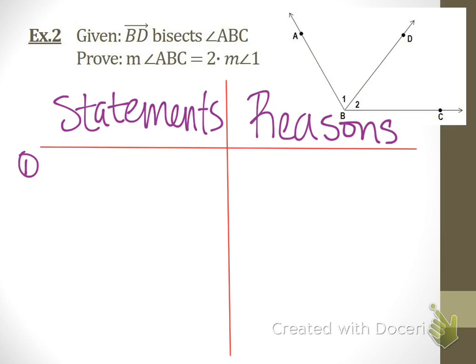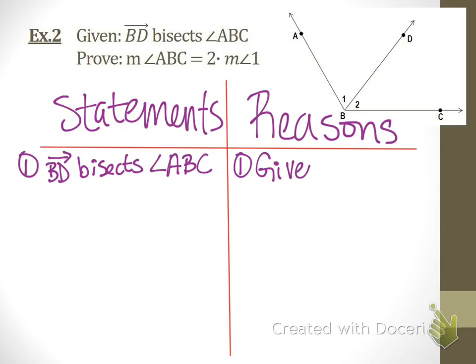The given statement. So what did they give us this time? Good. Ray BD bisects angle ABC. Our reason, of course, is given. They had to give us some information to start with.